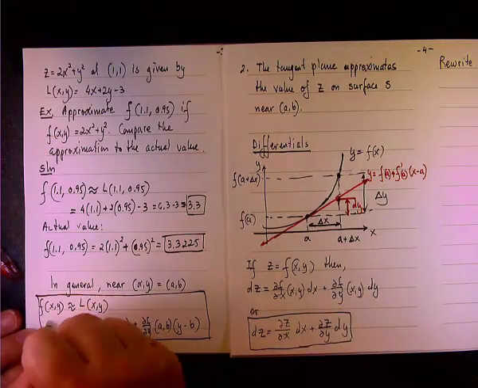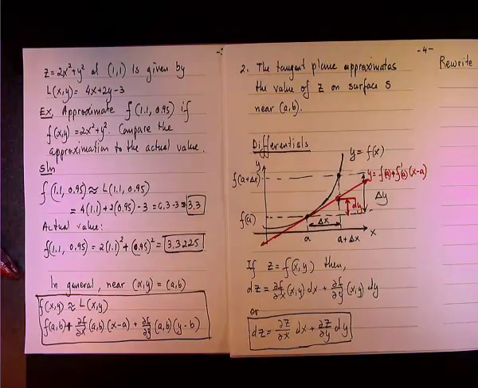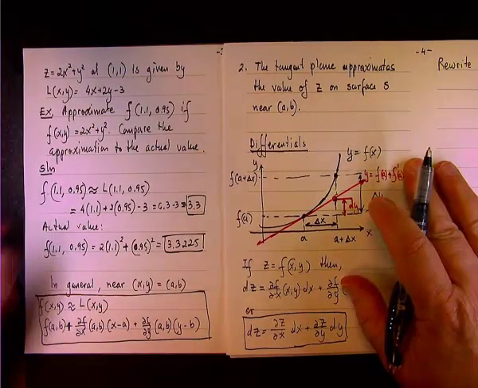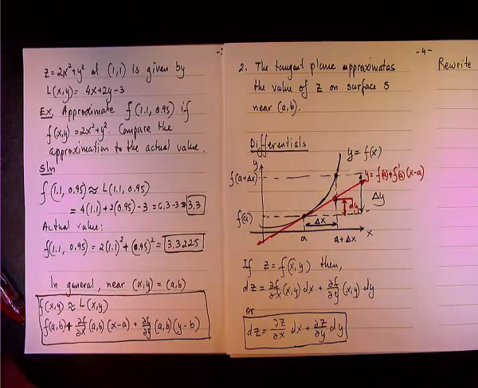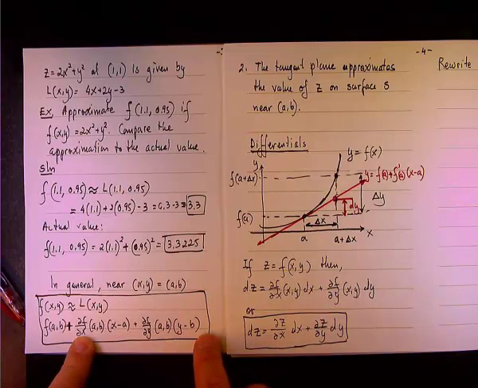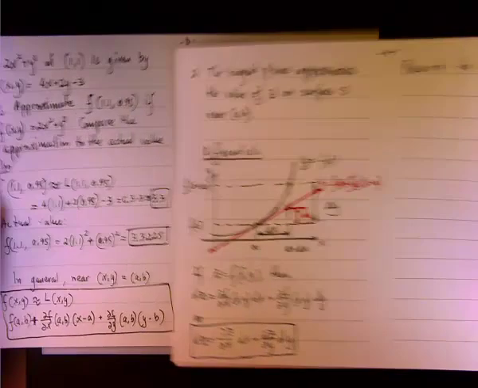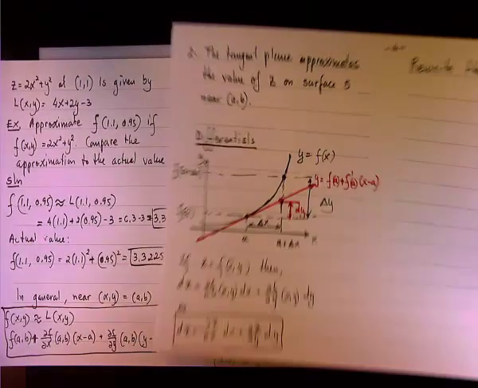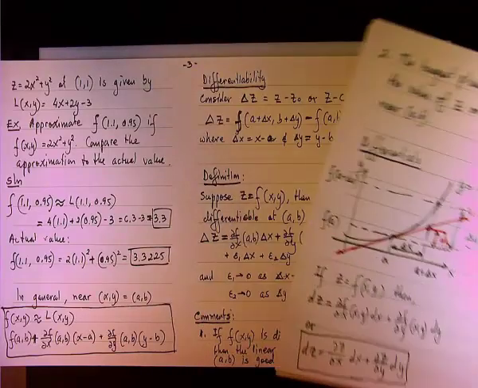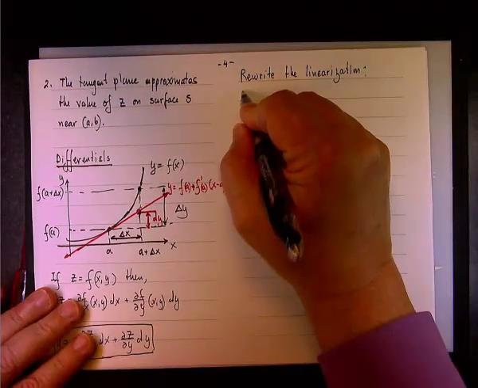I think I missed something here. Yeah, I missed something here: this is f of a, b plus. So, going back to how this affects our writing here, this part is simply dz.